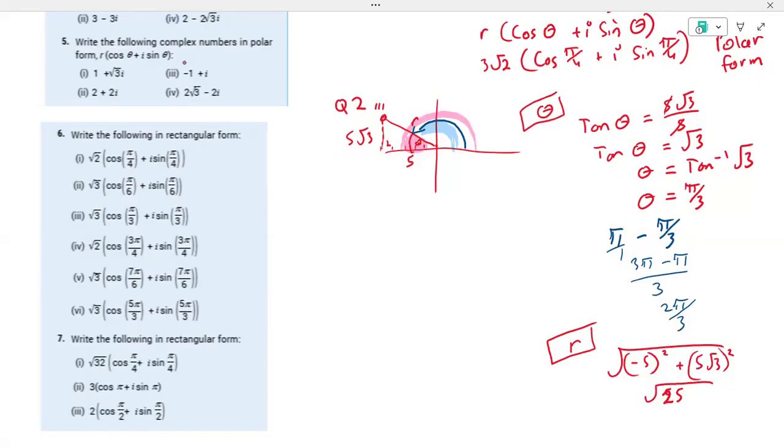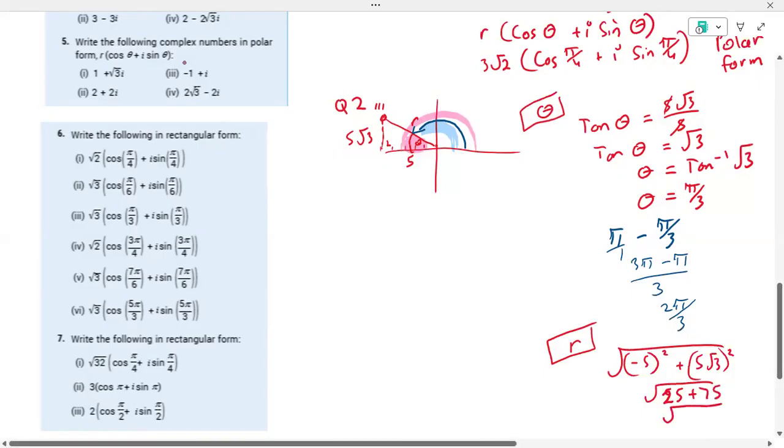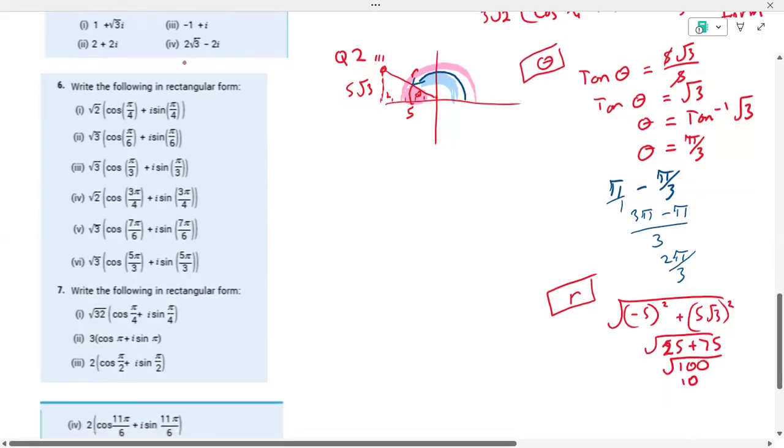And yes, 75. So it ends up being the square root of 100, which is 10. So the polar form here is, remember, r cos theta plus i sine theta. So I fill in. That's 10 cos of 2 pi over 3 plus i times sine of 2 pi over 3. And you're done.